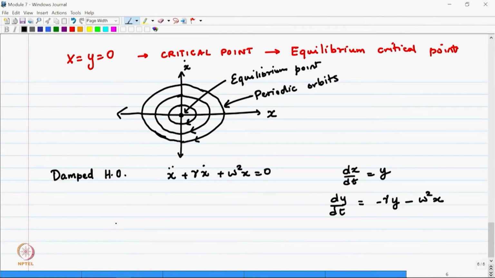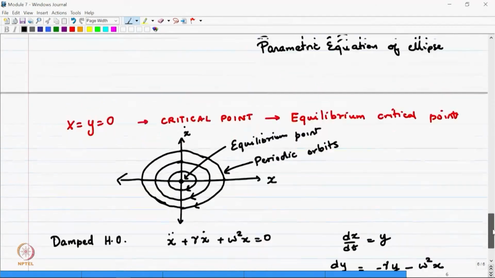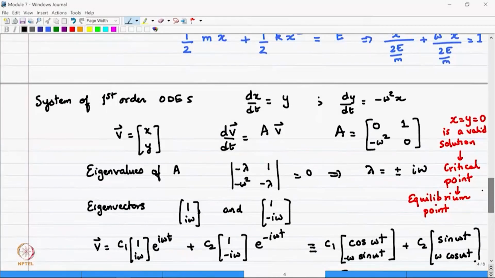So, I can write dv by dt is equal to av, where a is equal to [0 1; minus omega square, minus gamma]. So, the only difference from the previous solution is that you have a minus gamma here.